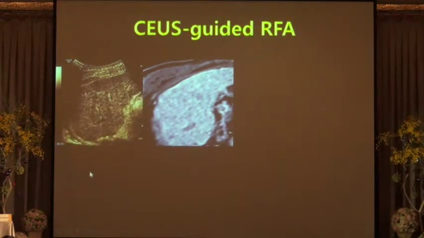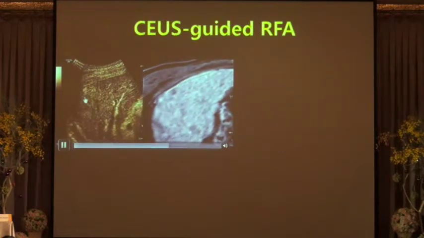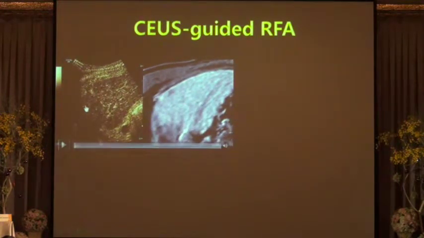On arterial phase, when the patient breathed in slightly, an enhancing tumor was identified at a different location. Therefore, we can say that the region identified on fusion imaging was a pseudo lesion.